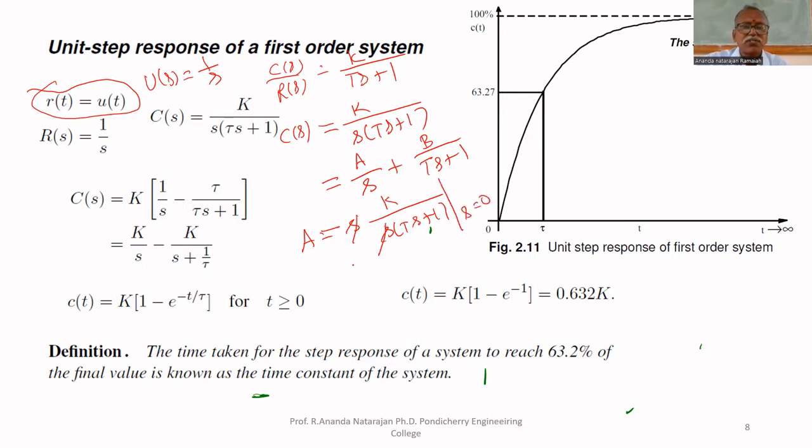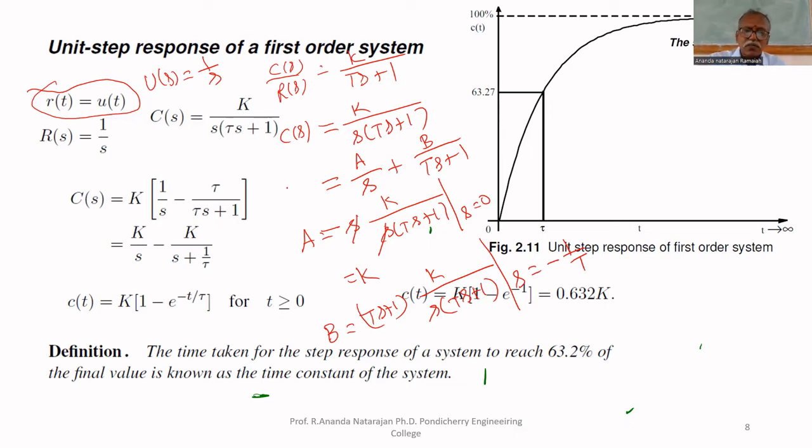Substituting s equal to 0, A equal to K. Similarly, we have to find B also. B equal to tau s plus 1 multiplied by K upon s multiplied by tau s plus 1, where s equal to minus 1 by tau, because tau s plus 1 equal to 0 means s equal to minus 1 by tau.